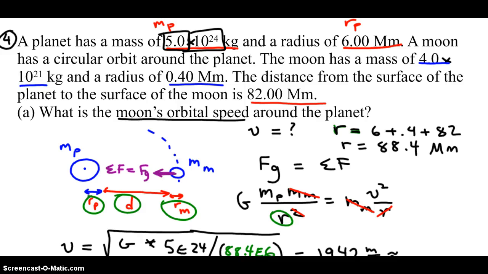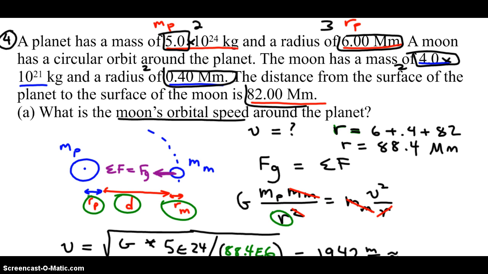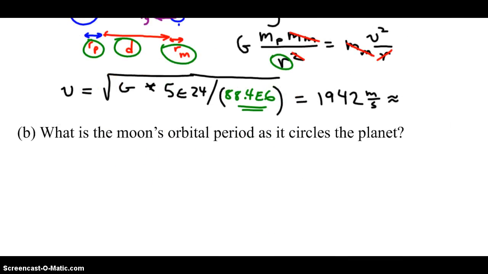The power of 10 doesn't have any sig figs. 6.00 has 3 sig figs. 4.0 has 2. And 0.40 has 2. And then this number has 4 sig figs. Of those givens, which has the least, or what's the least number of sig figs from the givens? It's 2. So my answer here I round to 2.